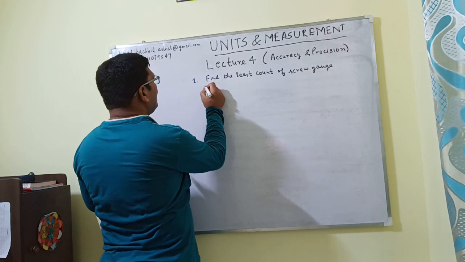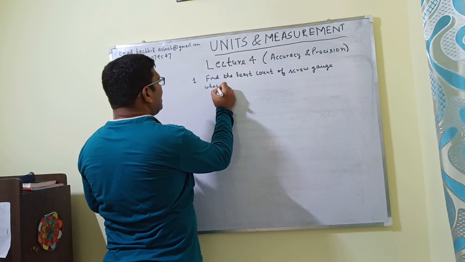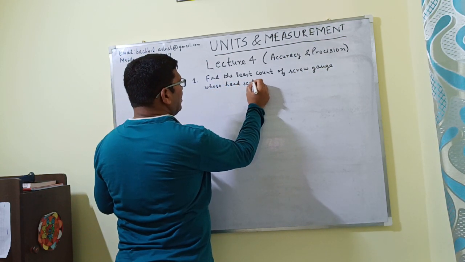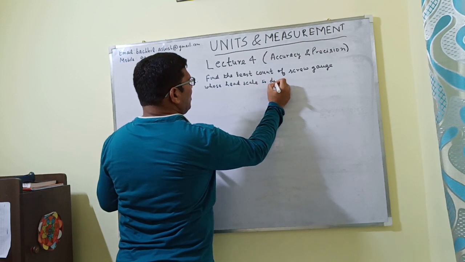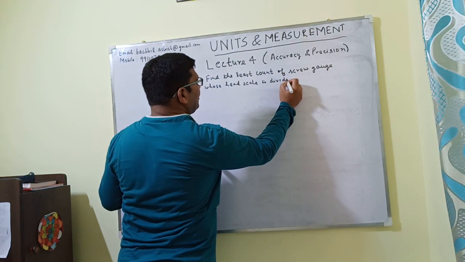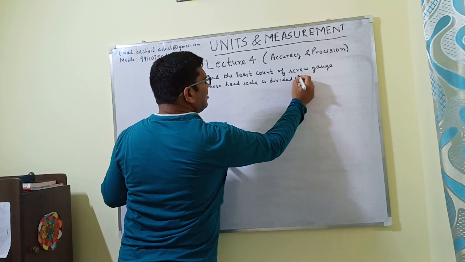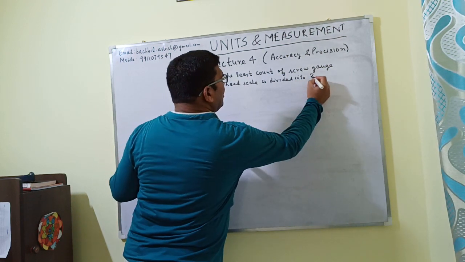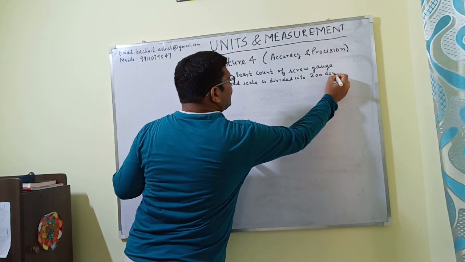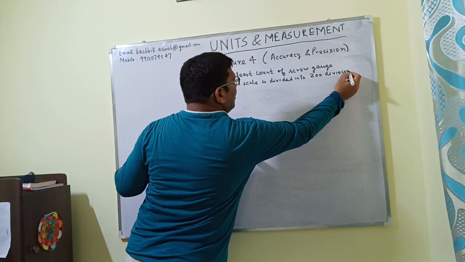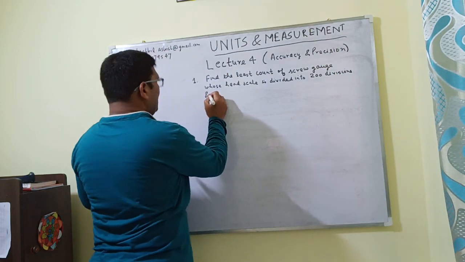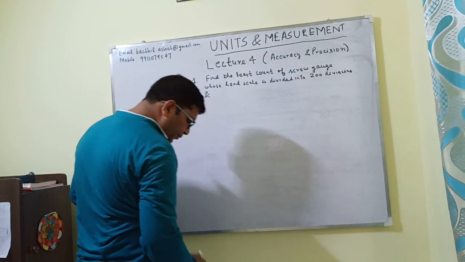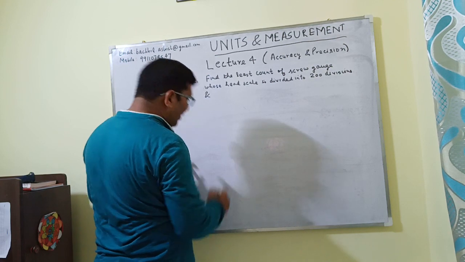Find the least count of the screw gauge whose head scale is divided into 200 divisions, and the spindle moves 5 mm when the head scale is rotated through 5 revolutions.